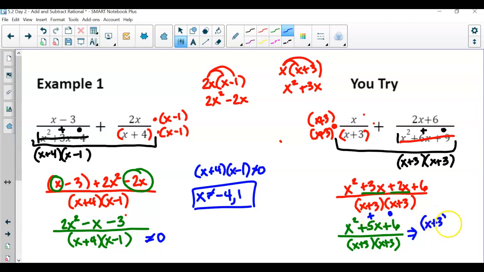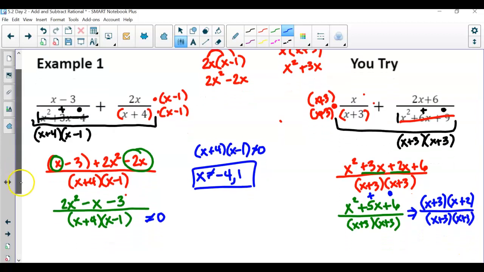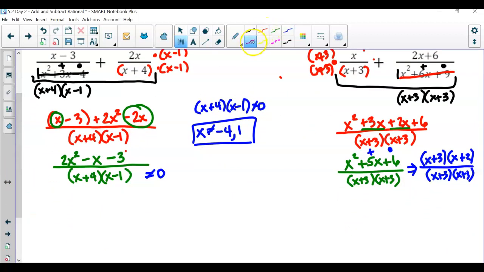So x plus 3 times x plus 2 over x plus 3 times x plus 3. Then, again, for those who notice this, great job. I could simplify because I can cancel out x plus 3 and left with fully simplified x plus 2 over x plus 3.